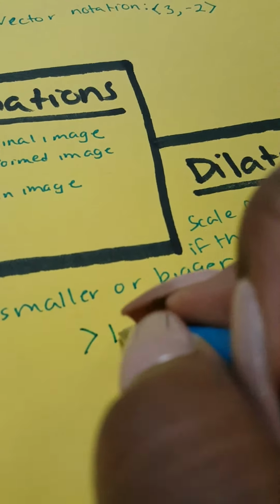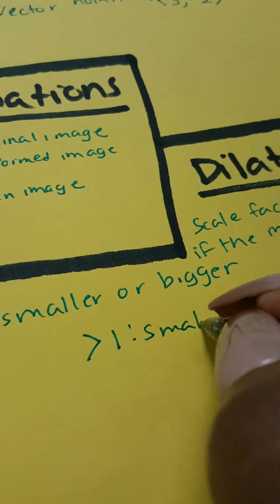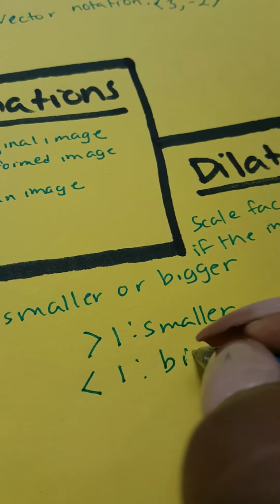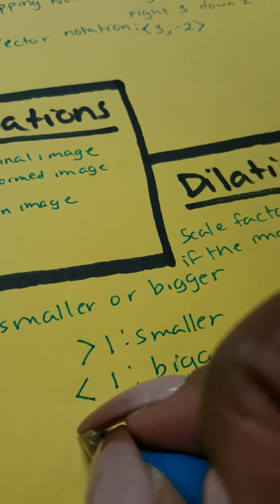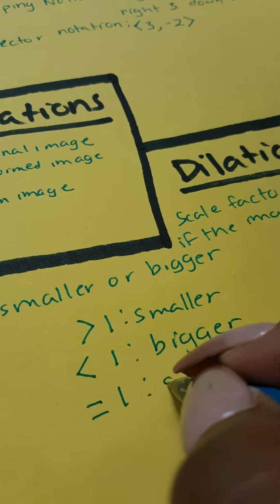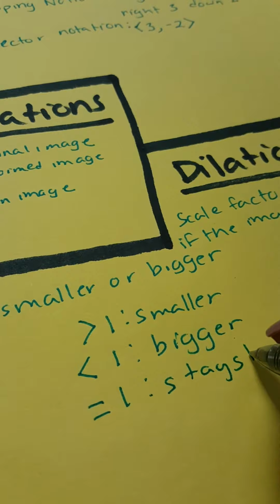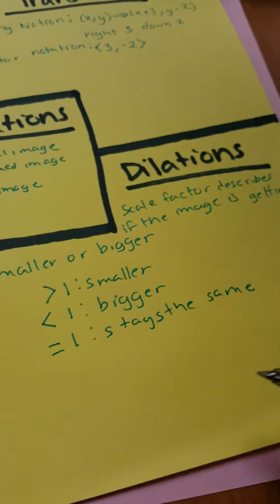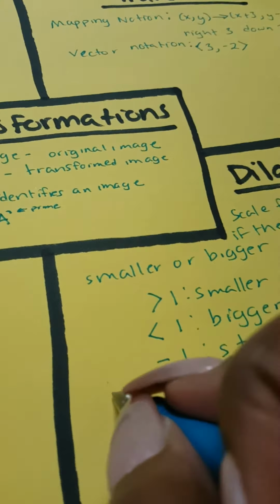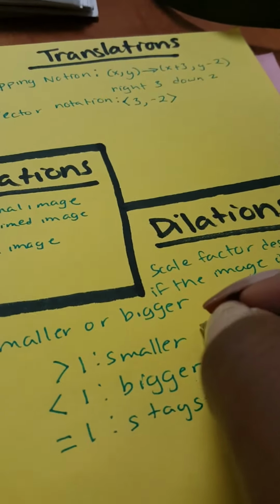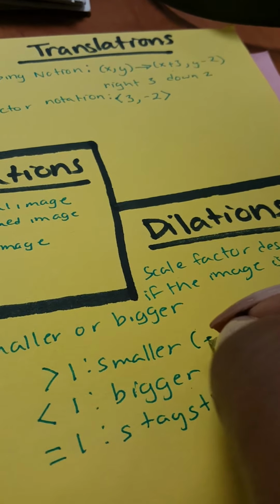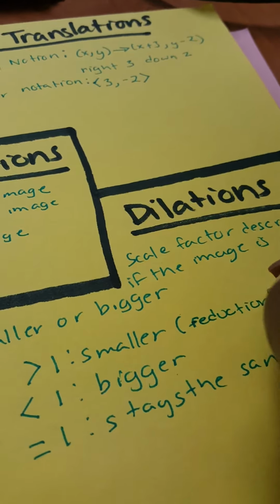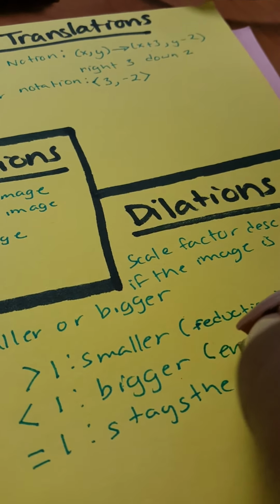If it is smaller than 1, it's getting smaller. If it's greater than 1, it's getting bigger. If it's equal to 1, it stays the same. Smaller can also be written as reduction, and bigger is also an enlargement.